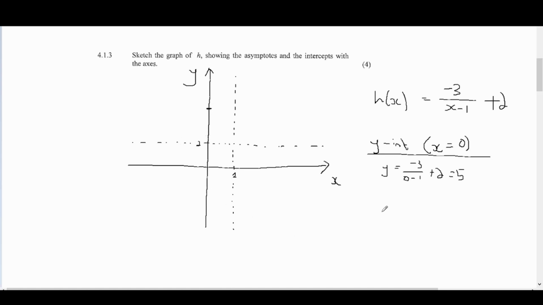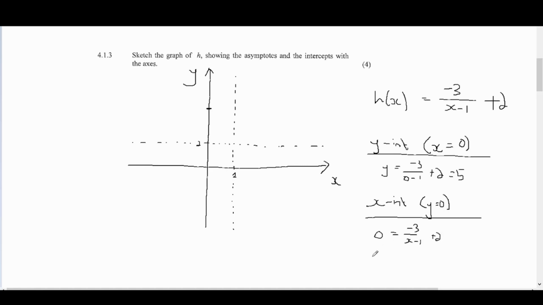And then we do the same thing for our x-intercept. We make y equal to 0. So we do 0 equals minus 3 over x minus 1, plus 2.